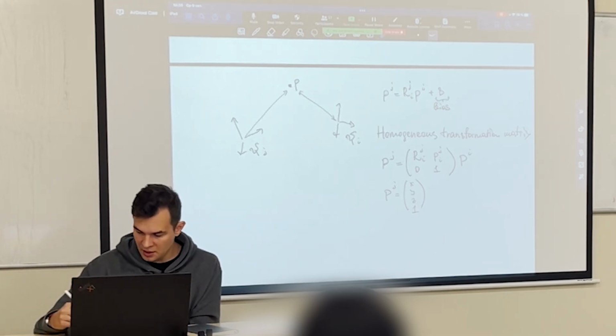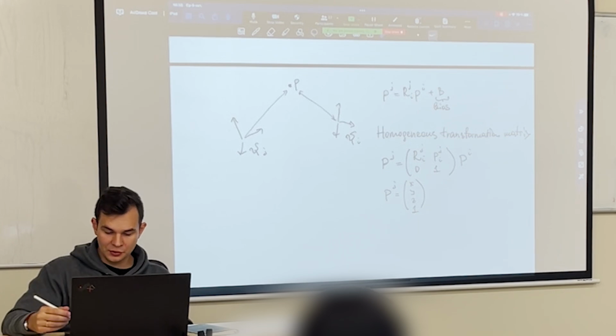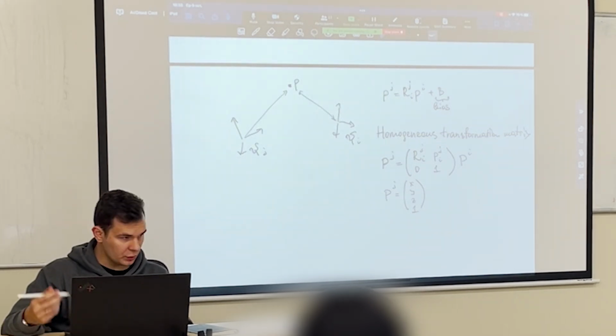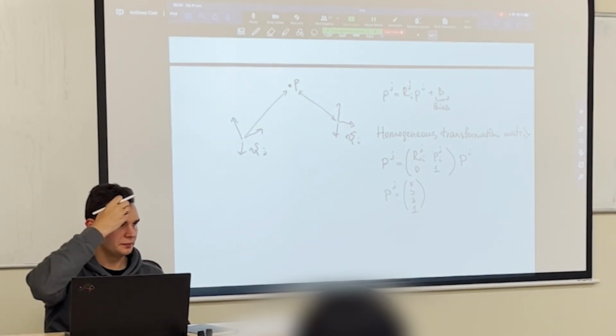It's called the homogeneous transformation matrix that describes completely the position and orientation of a 3D body in Euclidean space.